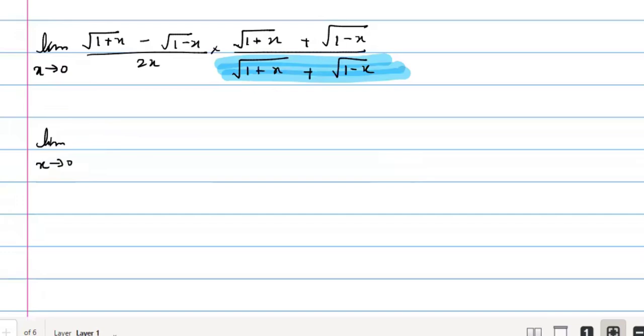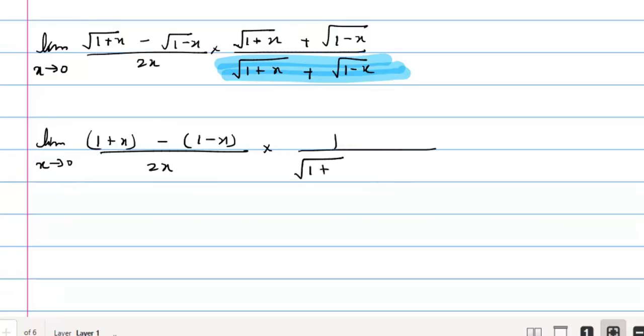Limit x tends to 0. A plus b into a minus b is a squared minus b squared. This is 2x, and here I just take this with me. Limit x tends to 0, this becomes 2x, this becomes 2x, and I just continue writing this.